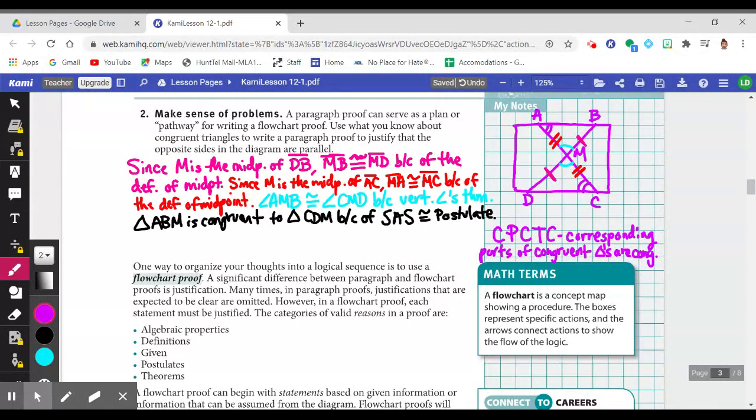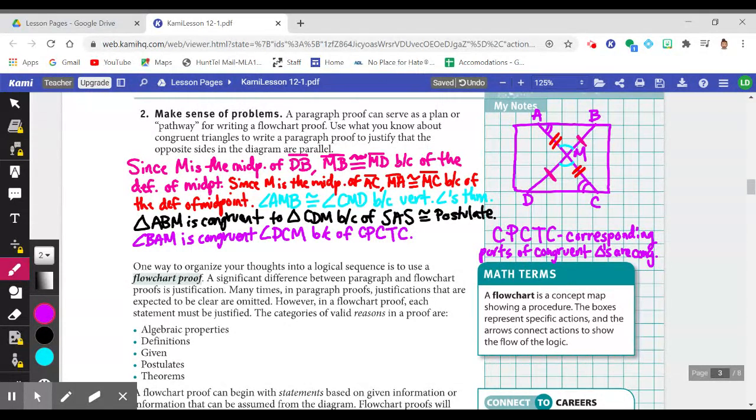So now we can make the claim that angle BAM is congruent to angle DCM. Sorry about that. Because of corresponding parts of congruent triangles are congruent.